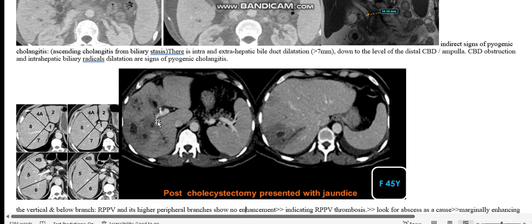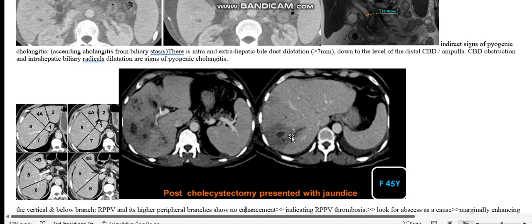Can you see this branch? This branch is a vertical and downward branch. So this is the right posterior portal vein. Vertical and downward branch, right posterior portal vein. The right posterior portal vein here is seen thrombosed.